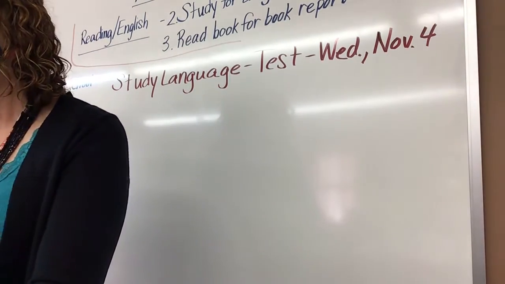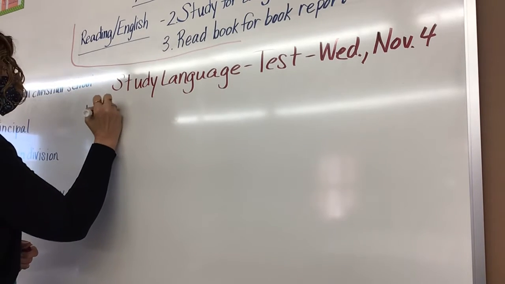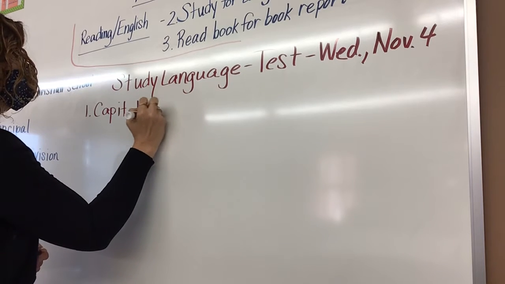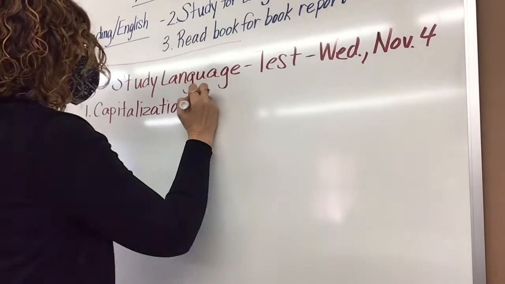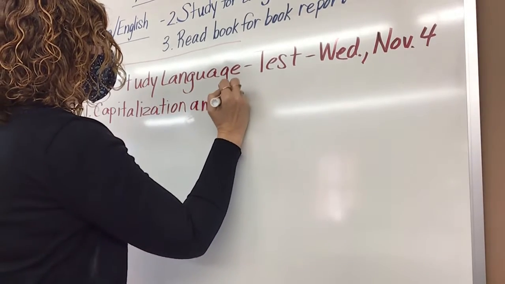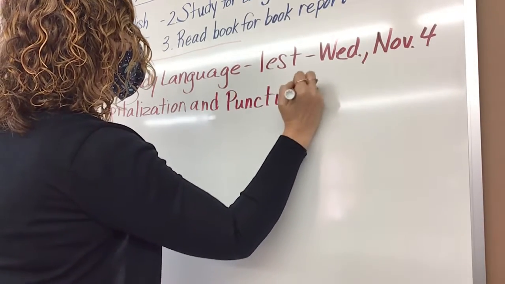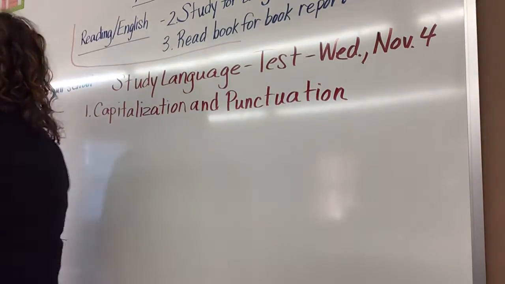Alright, the first thing I'm going to have you write down has to do with capitalization and punctuation. And there's 2 different things they're going to have you do on the test for that.